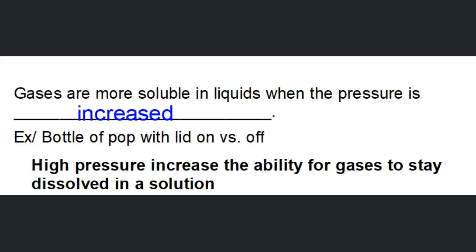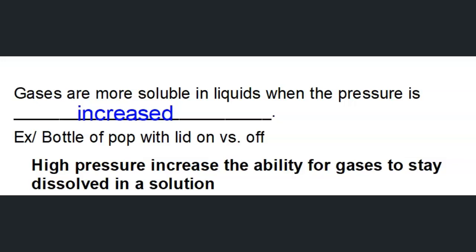Another thing that affects the solubility of gases is the pressure. So the more pressure you put on that liquid or that solution that has gas dissolved in it, the more likely that gas is to stay dissolved in there. However, if the pressure is released, then that gas is able to escape.